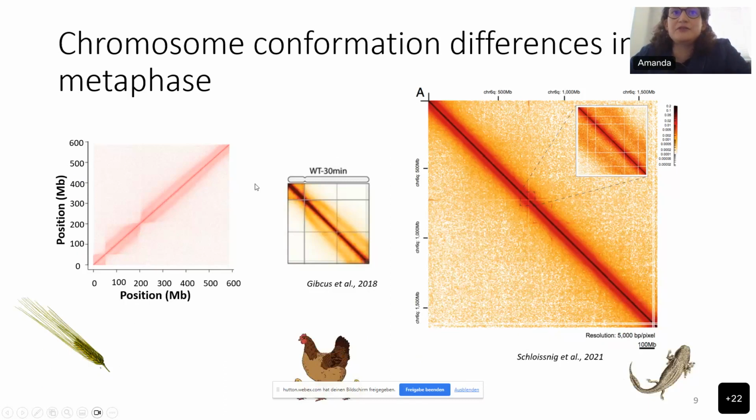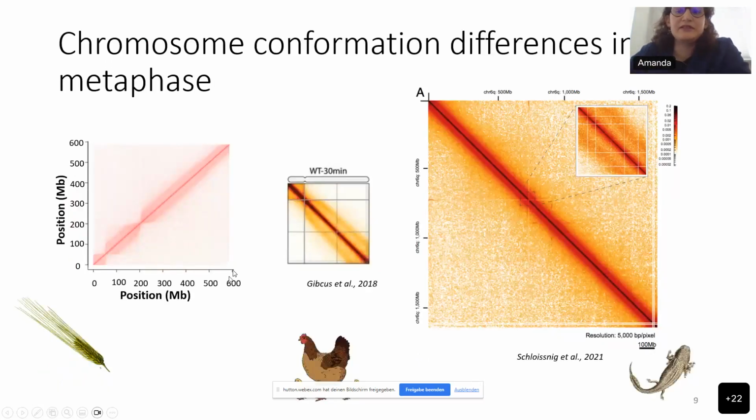But they also showed this very similar pattern, which is a second diagonal parallel to the first one. And it's different from interphase, where we saw an anti-diagonal only.